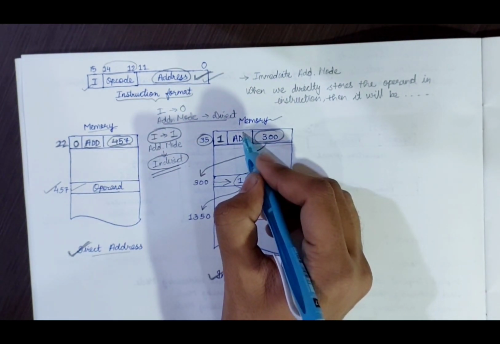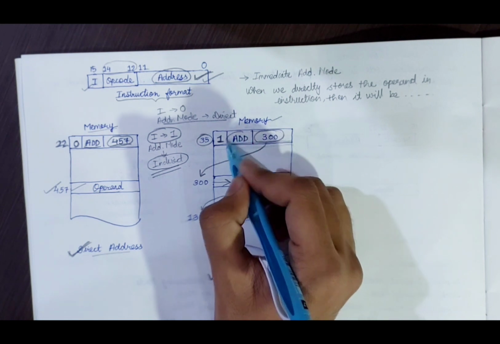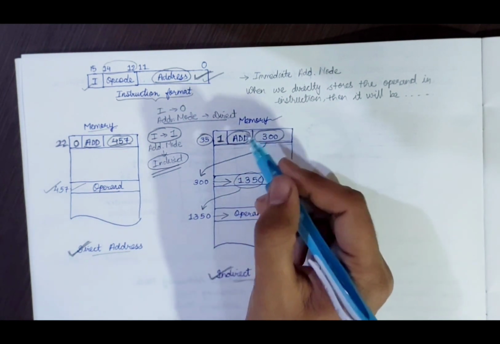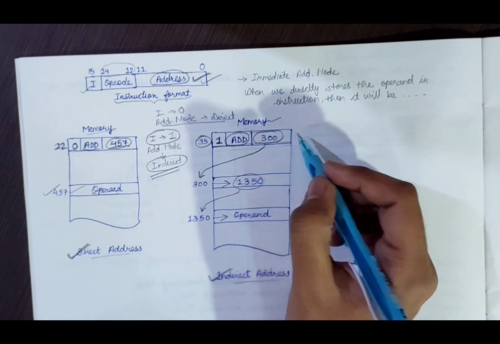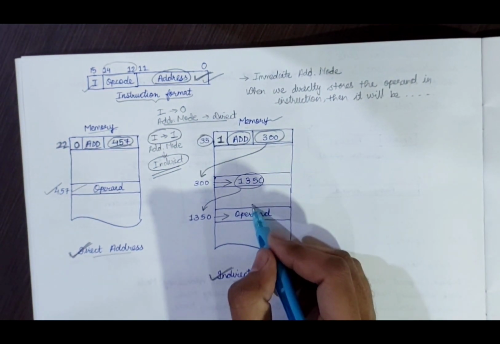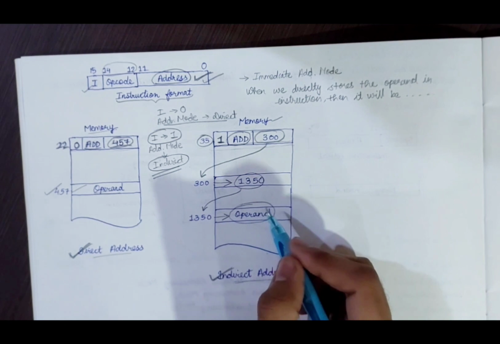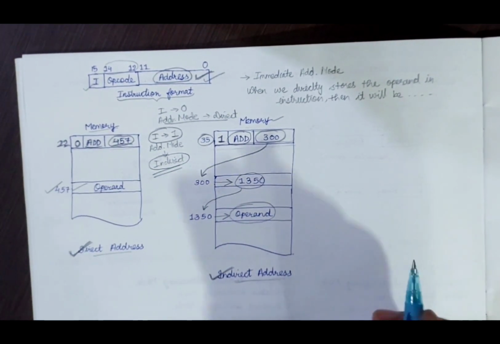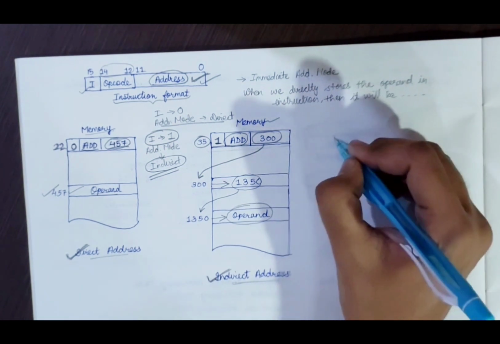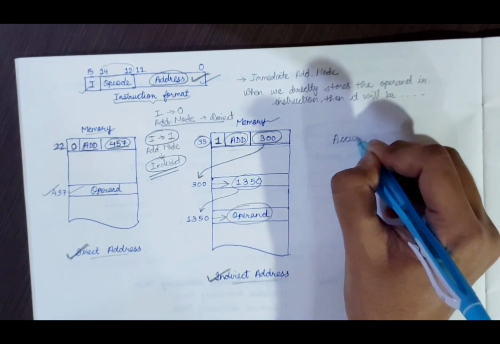And as we saw in the direct addressing mode, this is the 3-bit opcode which represents what operation should be done on this operand and the content of the accumulator. I have used the word accumulator, so what is this accumulator?